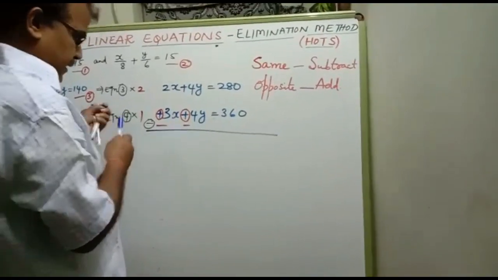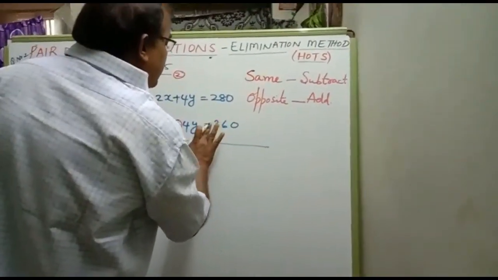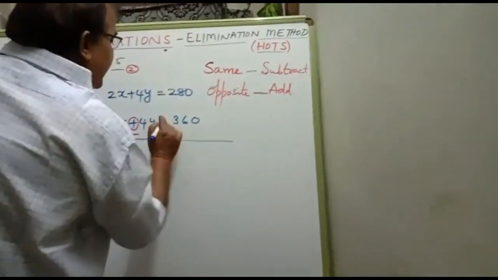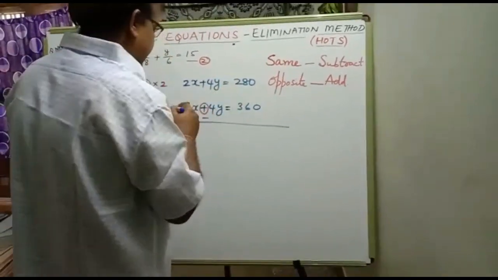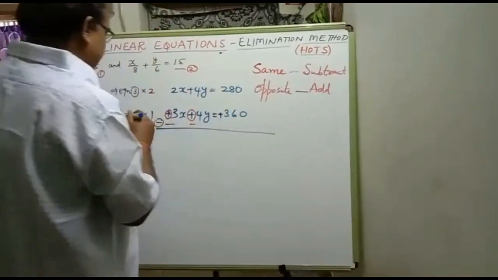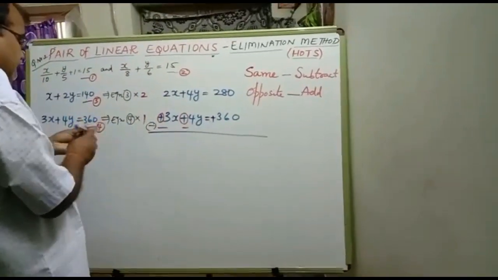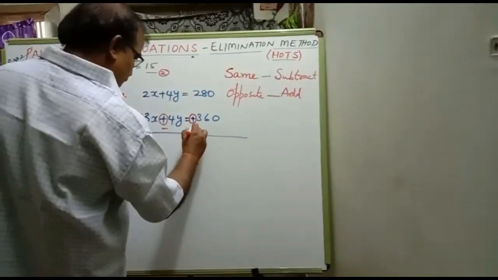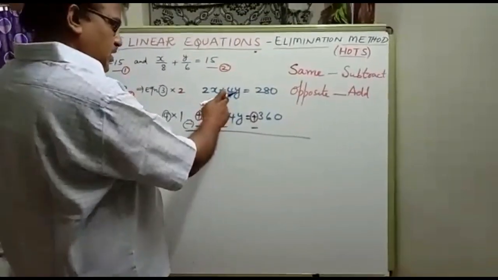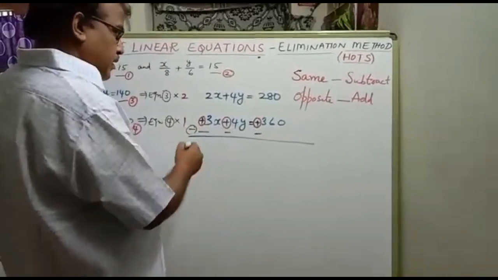What about this? This is also plus 360, and because of this minus, it becomes minus 360. Same signs, that's why subtraction.